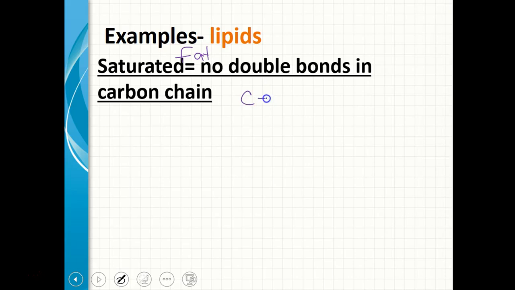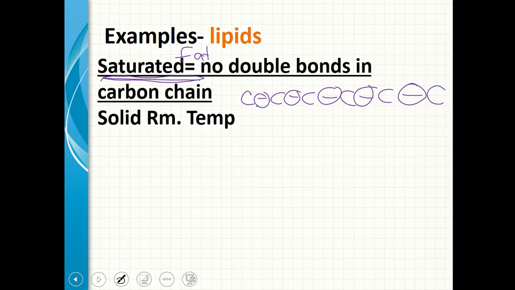So in that chain, we have all these C's. When there is no double bond, all of these are single bonds. So these represent single bonds. If there's only single bonds, then it is a saturated fat because there's no double bonds in the carbon chain.